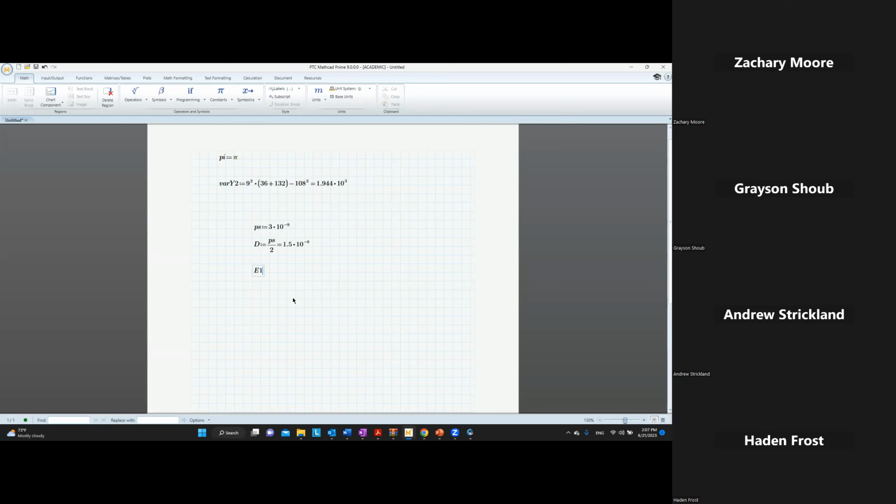Now the E field in region 1, this is going to be for between 0 and 3 meters. Should be D divided by epsilon relative times epsilon naught. We'll call epsilon relative 1 here.